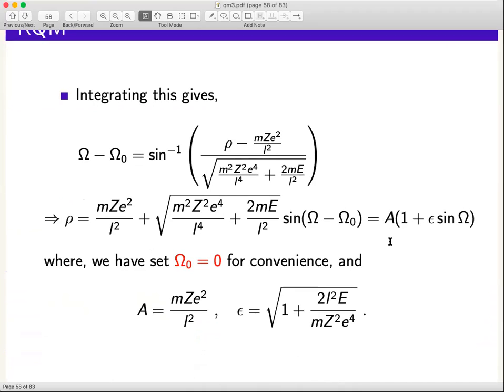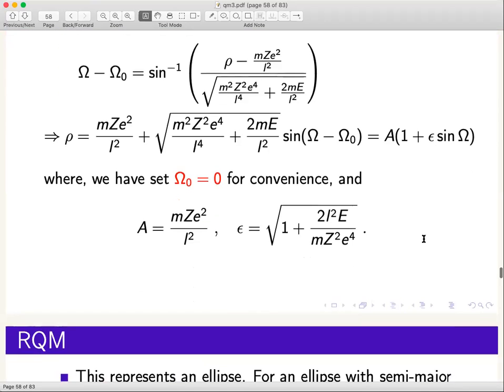In this equation, you can write it in this particular form, and the epsilon in this case is what one calls the eccentricity. Okay, so once you get this solution, it's easy to read off that A would be this quantity, m z e squared upon L squared, and epsilon would be the square root of 1 plus 2 L squared E upon m z squared e to the 4. Okay.